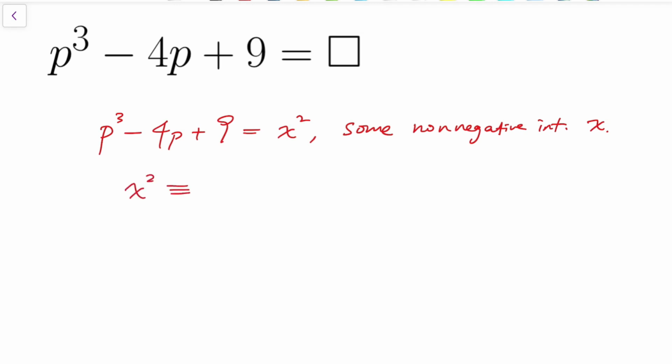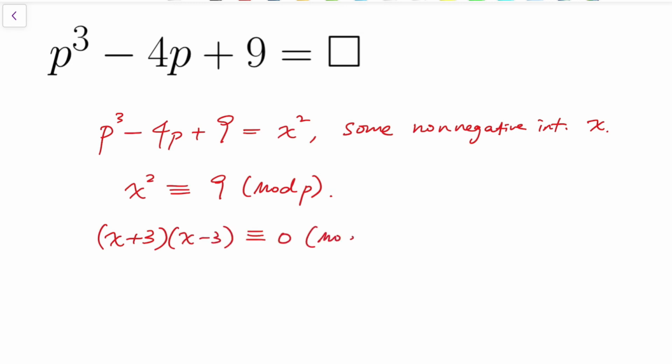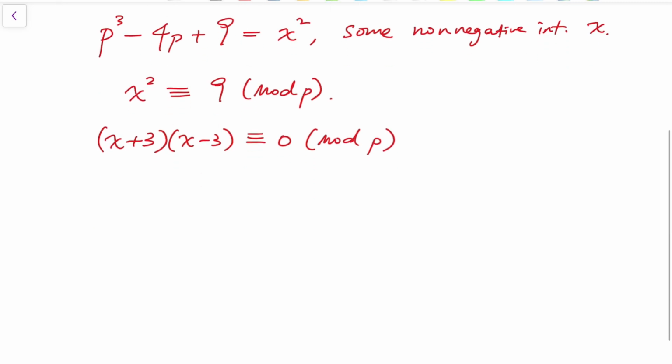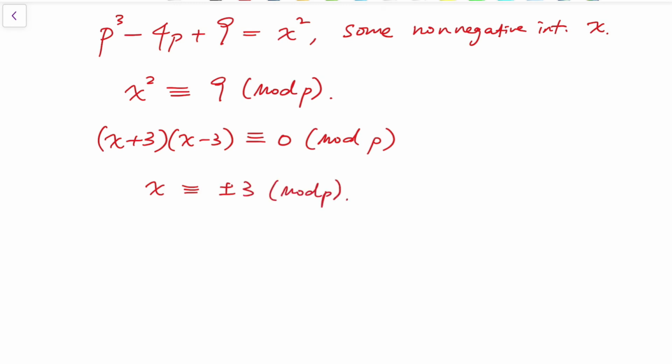Then I'll take mod p on both sides so that we have x squared is congruent to 9 mod p. And from this, we can say that x plus 3 times x minus 3 is congruent to 0 mod p, and therefore x is either 3 or minus 3 mod p.